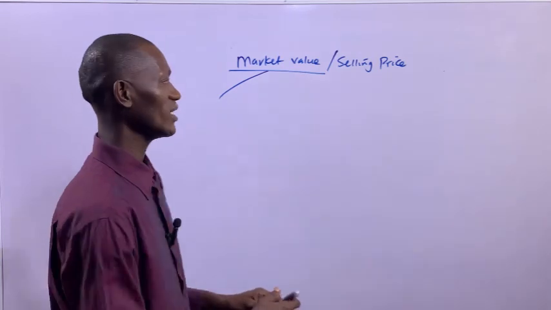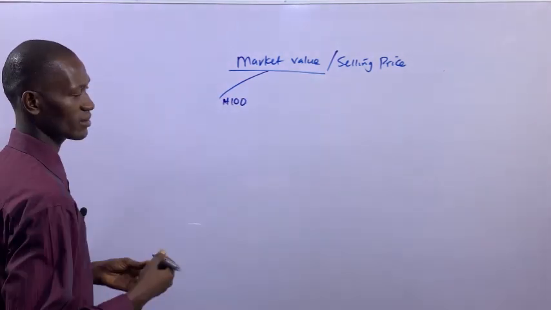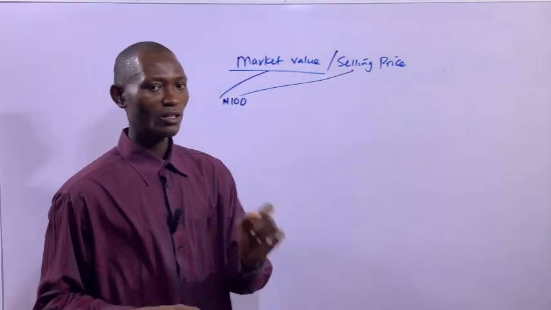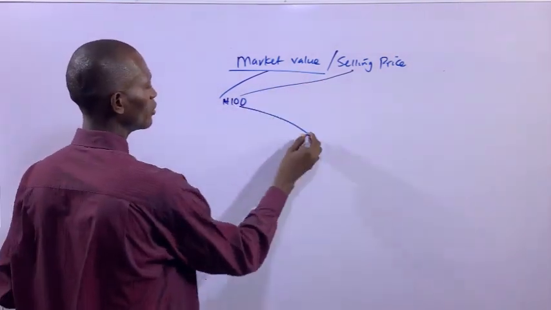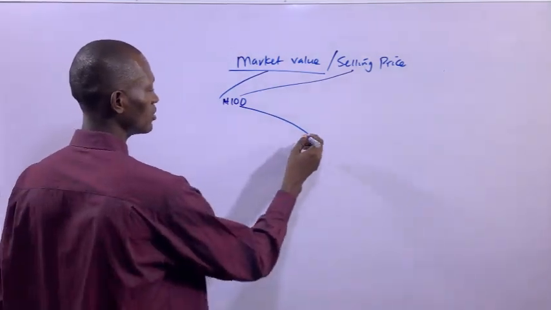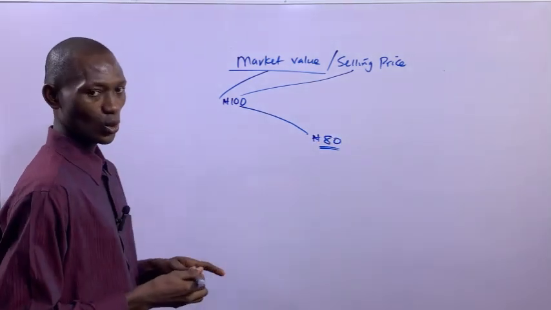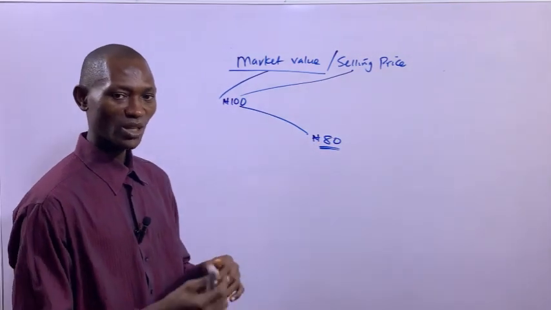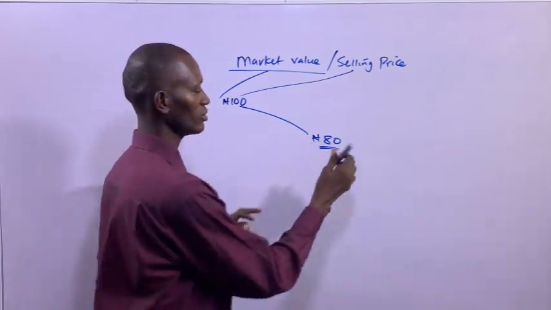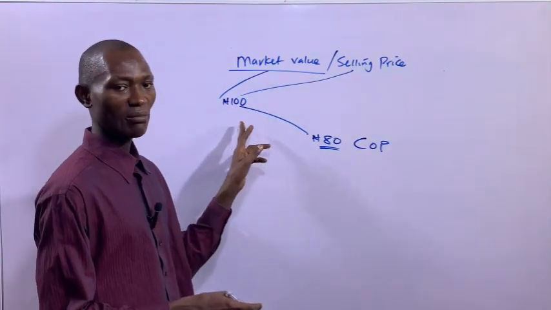That's the selling price. So let's say the selling price is 100 naira. If, for example, we now produce this marker in a business organization at, let's say, 80 naira, we can go into production of this marker because the cost of production is less than the market value.